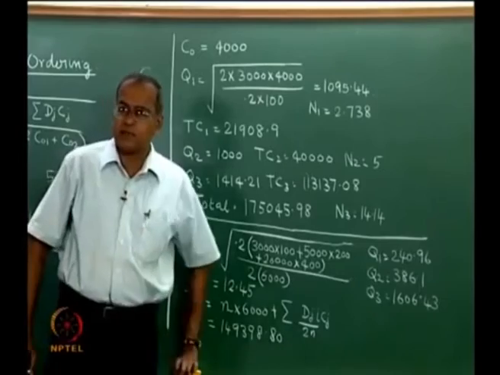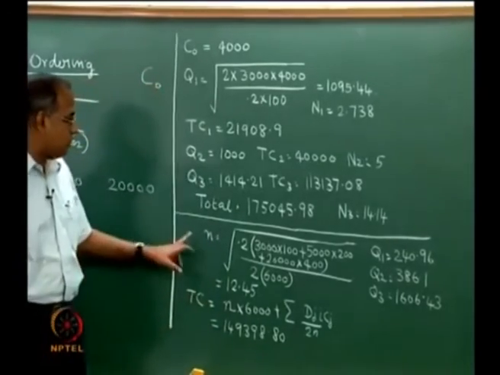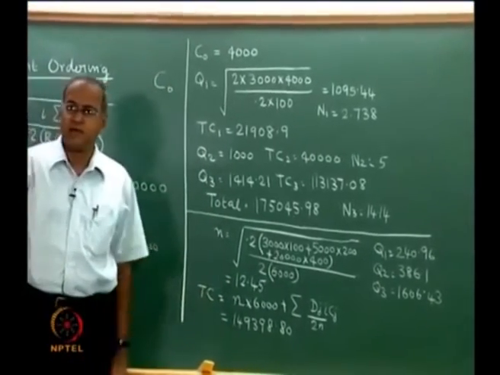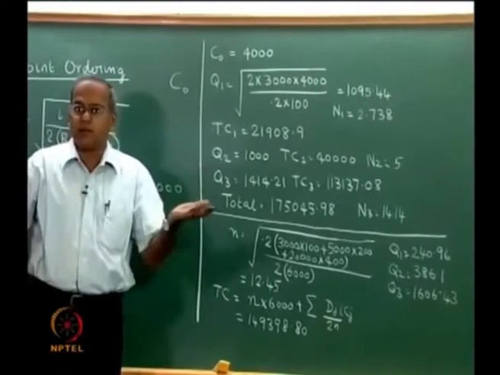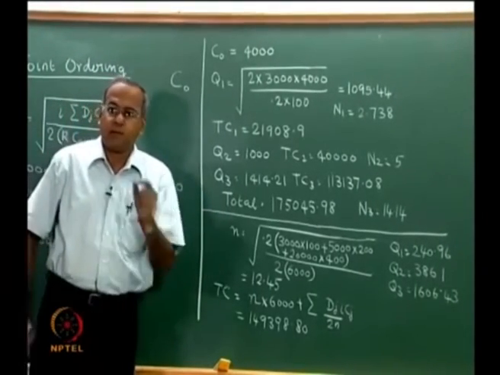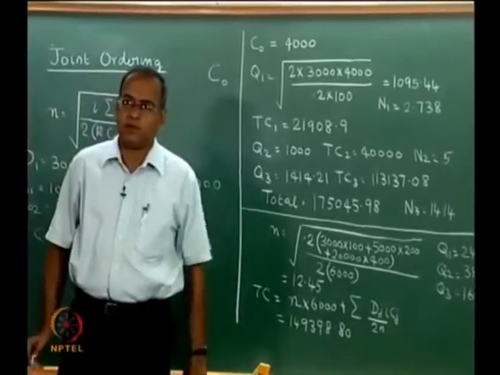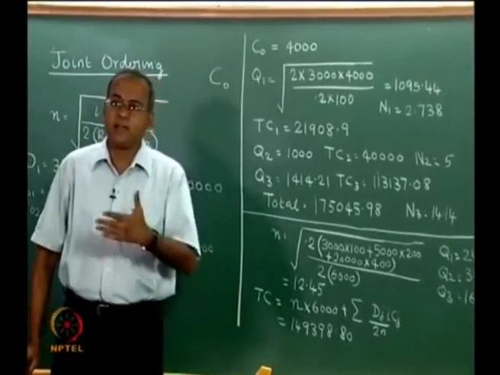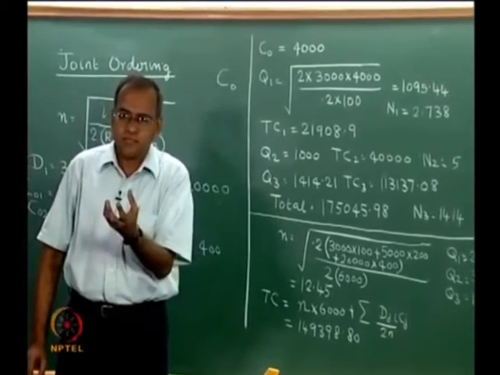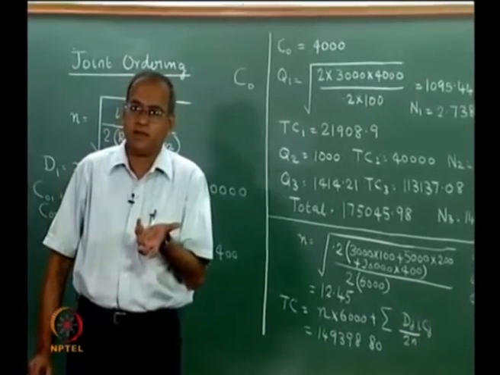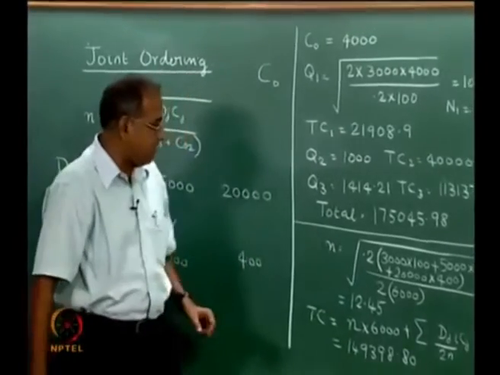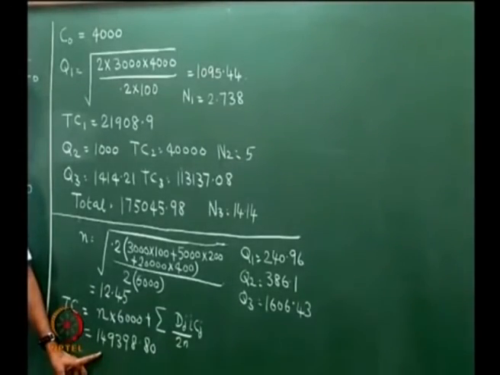So, the other question that comes is, now instead of assuming an equal number of orders n, can we assume an unequal number of orders, but the number of orders for each item is a kind of an integral multiple, and then can we check whether we can have some kind of partial saving, but yet try and reduce this 149398 further.